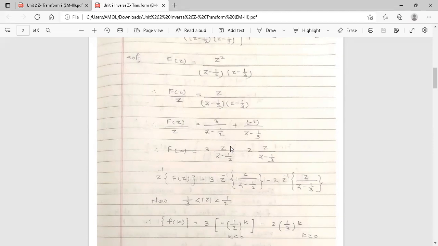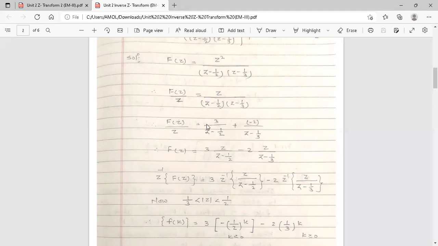You know the partial fraction method, how to separate two terms using partial fractions. We already studied it in 12th standard, so you can easily separate these two terms. The constant for the first term is 3 and the constant for the second term is minus 2. So these are the two separate terms using the partial fraction method.